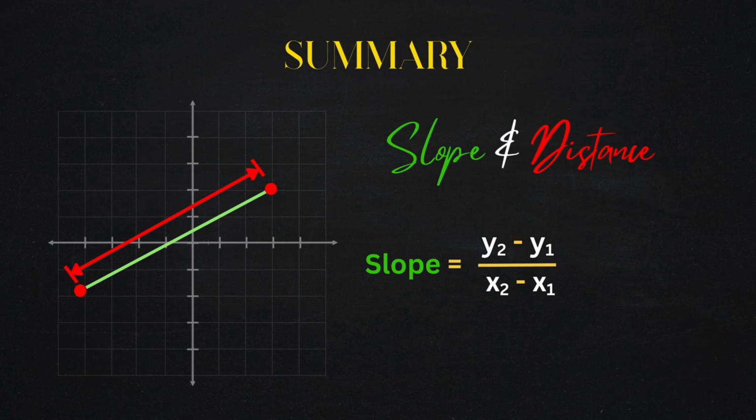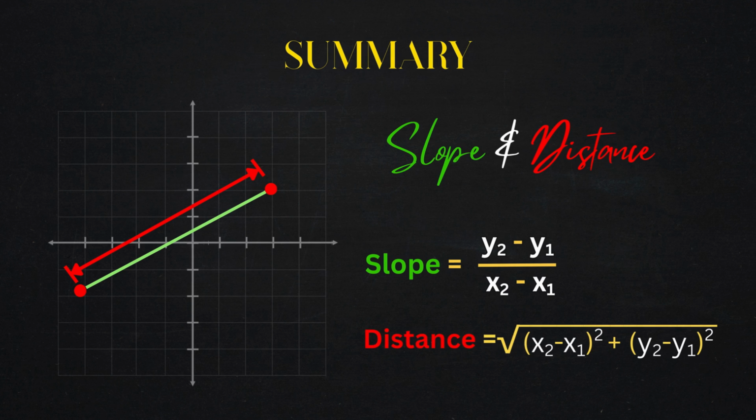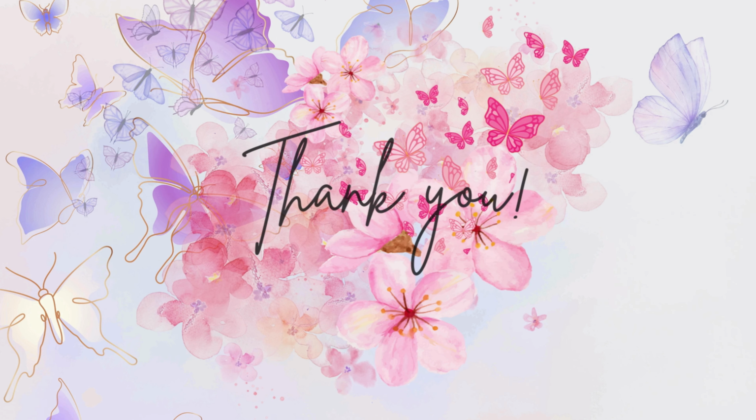And the distance between 2 points equals the square root of the sum of x2 minus x1 squared and y2 minus y1 squared. Always label your points carefully and be mindful of signs when subtracting. With regular practice, these calculations will become second nature.